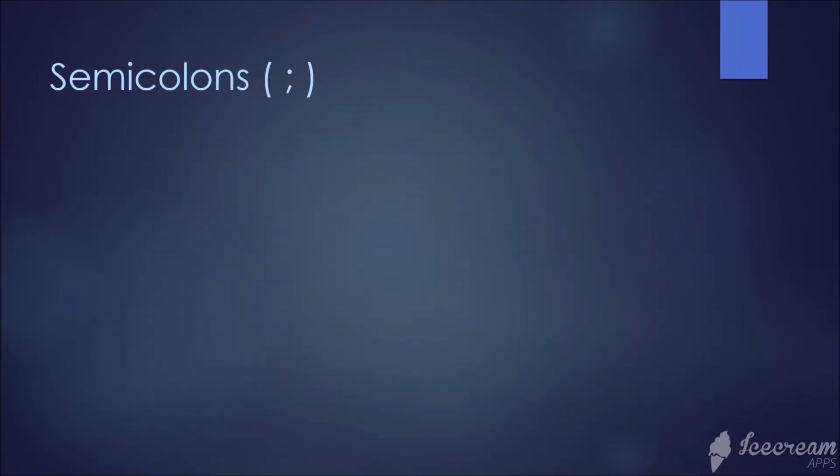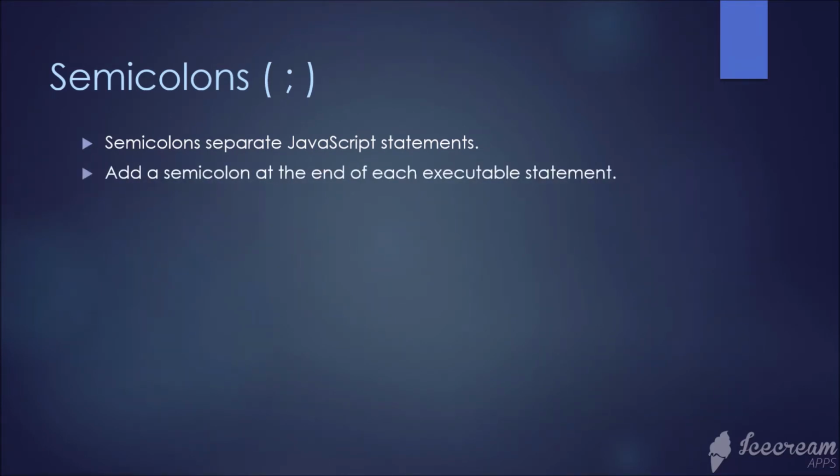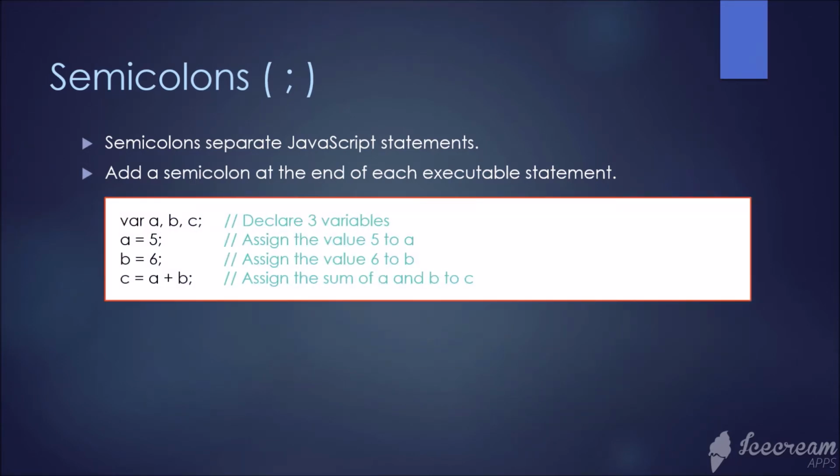Okay, so semicolons. Semicolons separate JavaScript statements. Add a semicolon at the end of each executable statement. So we have here our example. The first line of code declares the three variables.